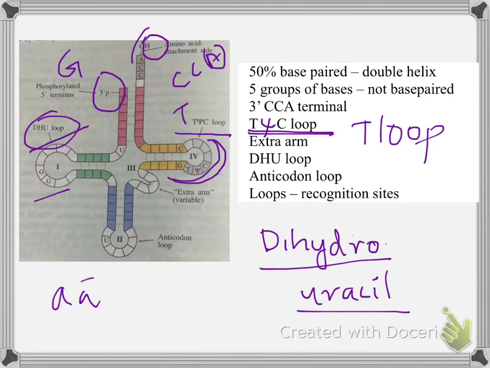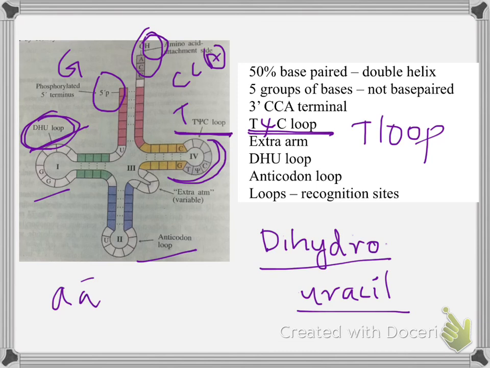So this is known as the amino acid binding site. There are 4 arms in the tRNA and 3 loops. One is the T loop, one is the anticodon loop, and one is the dihydrouridine loop.